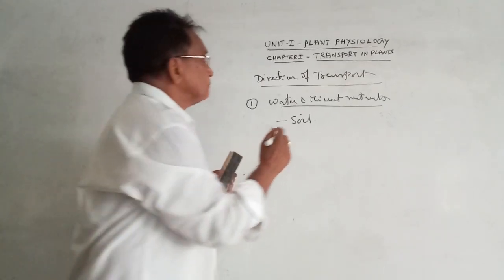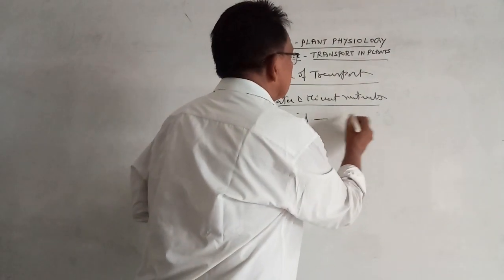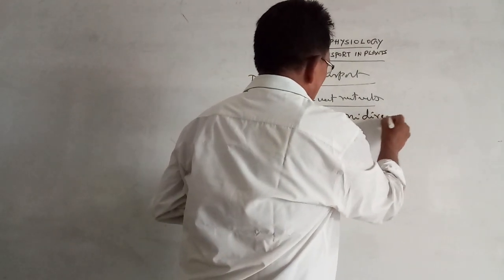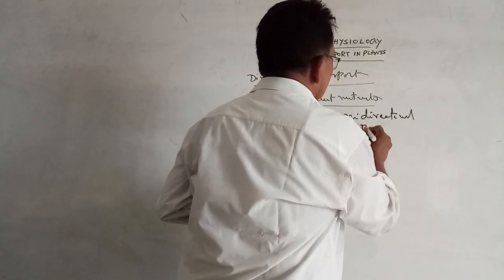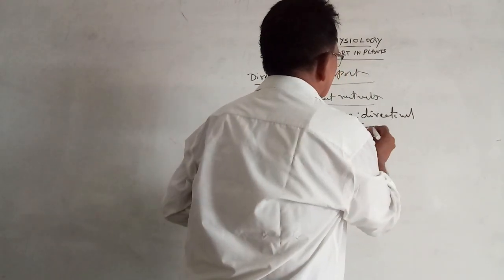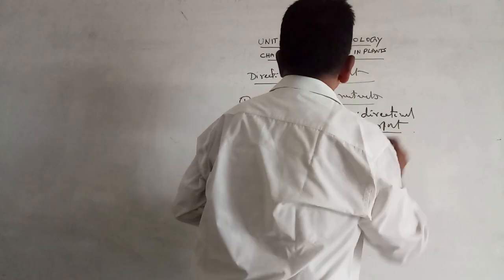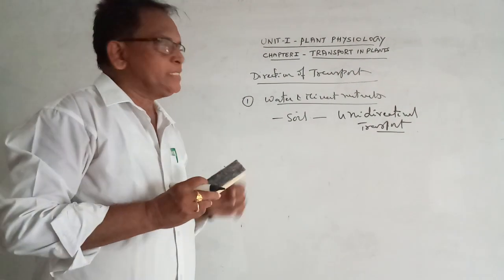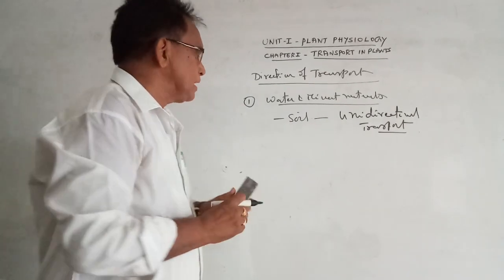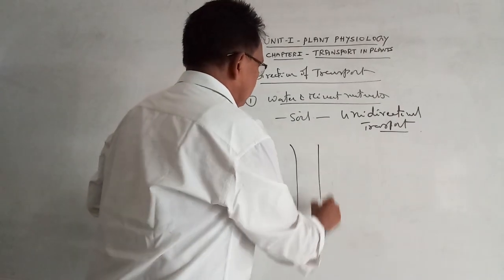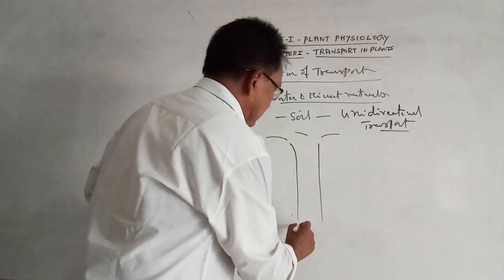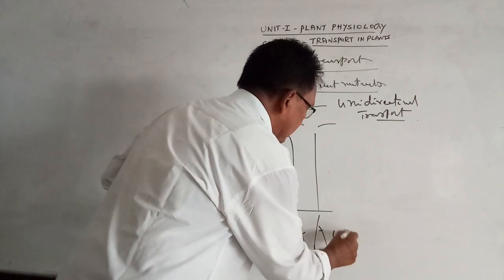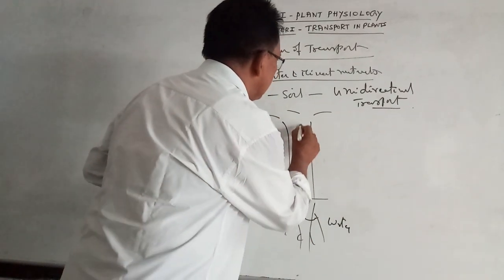And this movement always takes place in one direction, known as unidirectional transport. The movement of water from the soil to the tip of the tree is known as unidirectional transport. Suppose you observe this is the tree and this is the root system, and water is available here, and this water is absorbed and goes in this way.